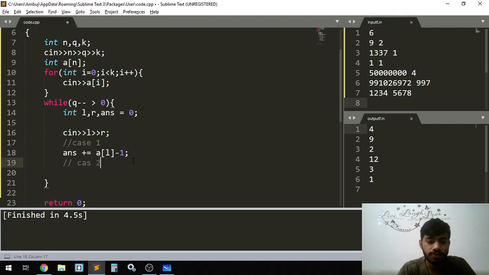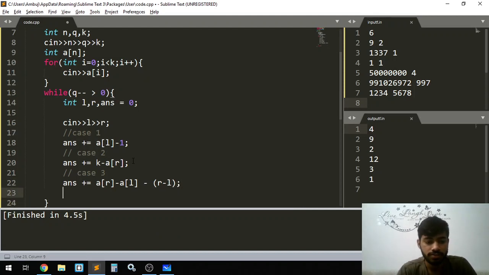For case 2, answer plus equals k minus array of R. And for case 3, answer plus equals a of R minus a of L, plus 1, which cancels out with another plus 1, minus R minus L. That is what it will give us. Then simply print our answer.